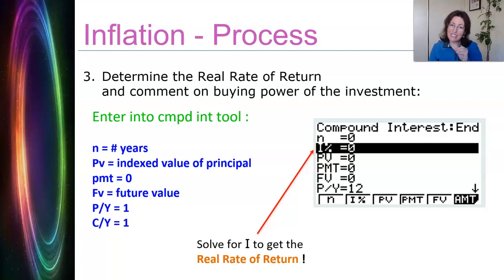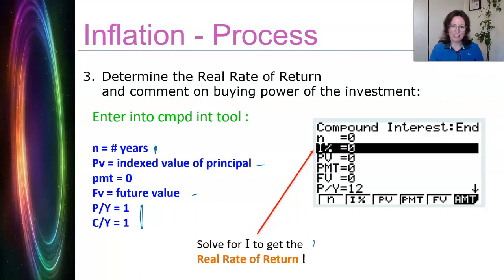Just some notes when we get to this step of the process: noticing that the PY and the CY are 1, and N is going to be 1 multiplied by the number of years, because we're just looking at it as though that's been indexed once a year. We've got 2 dollar amounts that we're working with and we'll be solving for I.